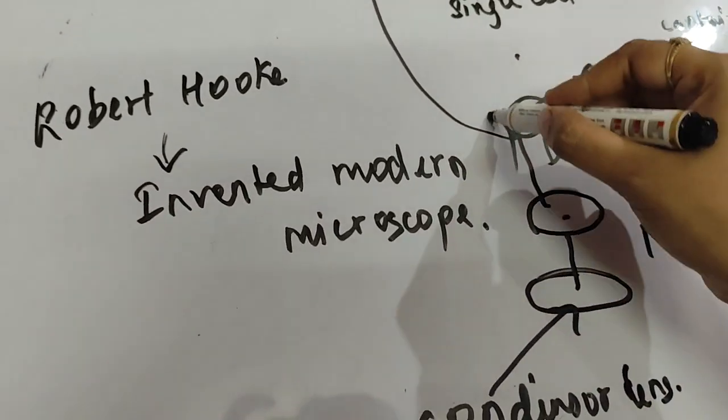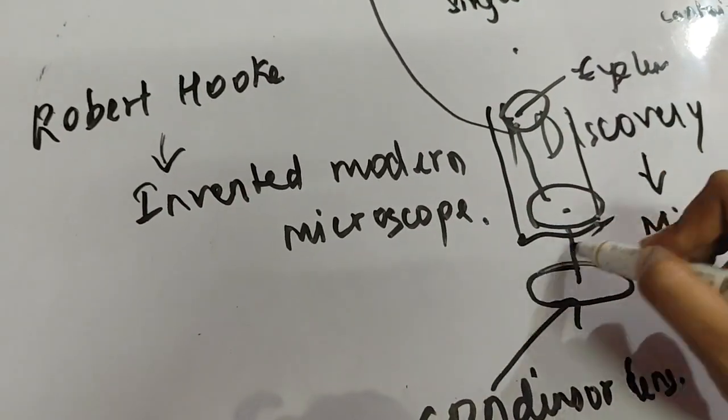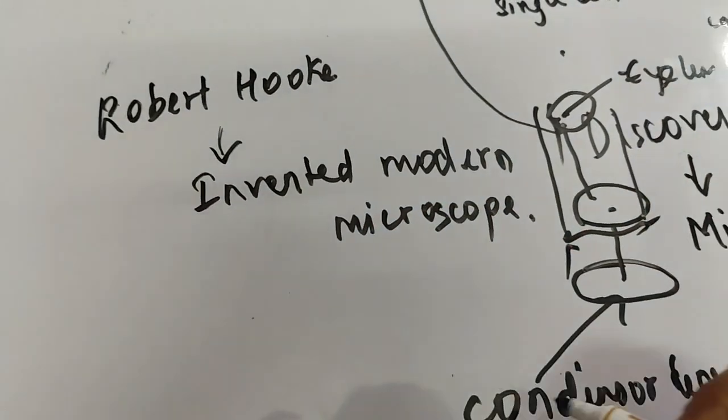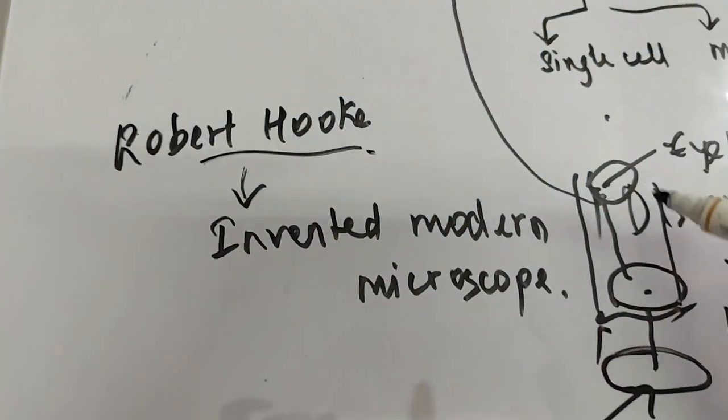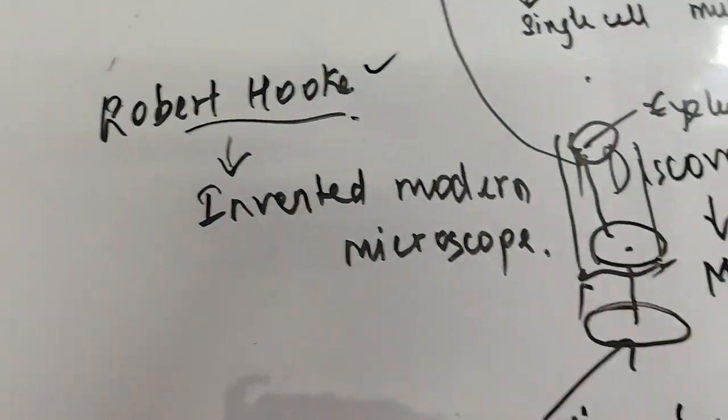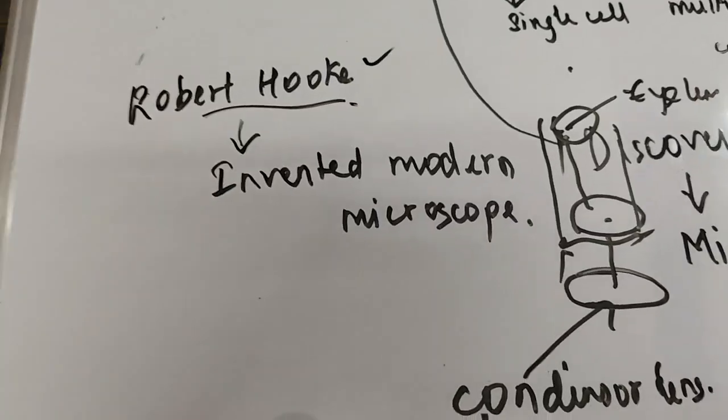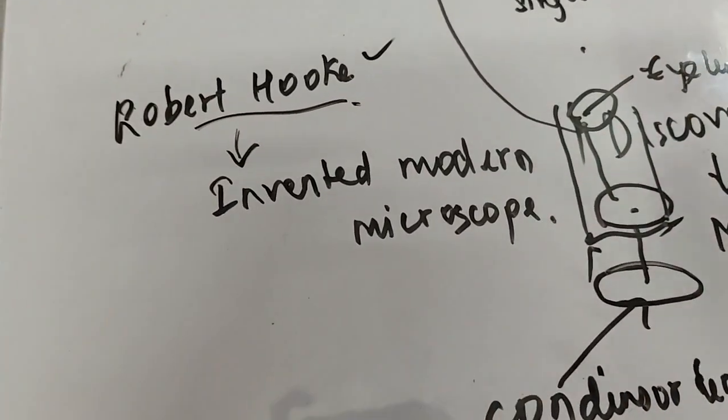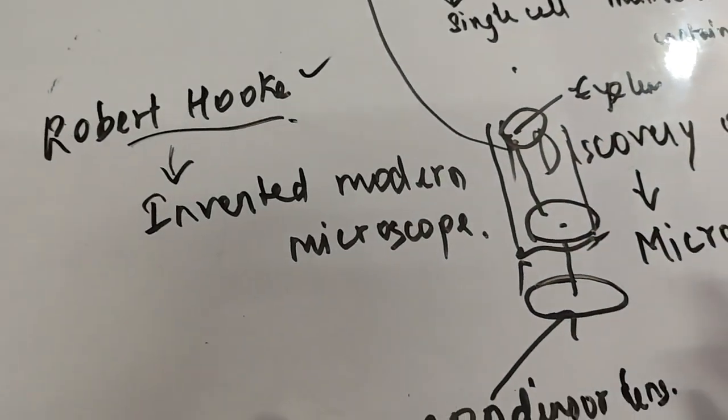So this full concept was given by Robert Hooke. Where is Robert Hooke? Yeah, here it is. Robert Hooke. This man invented the modern microscope, or he has given the scheme of this modern microscope.